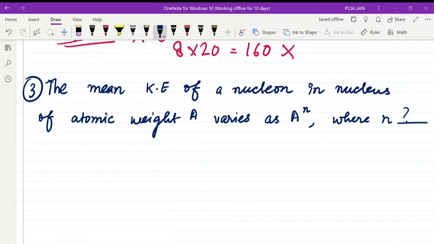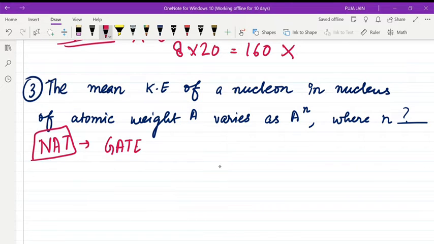Okay, so this type of question can be expected as a NAT question, that is a numerical answer type question. You can find this in GATE, you can find this in JEST. Okay, so now see how to solve.